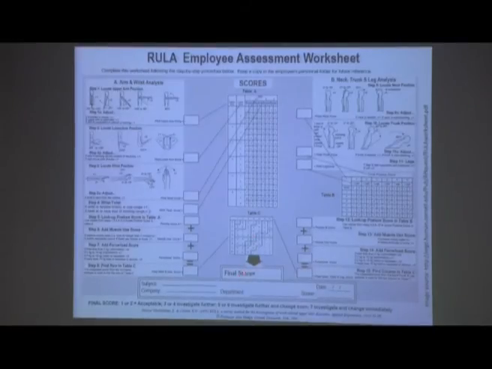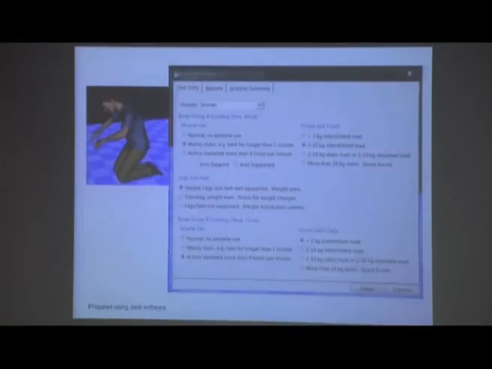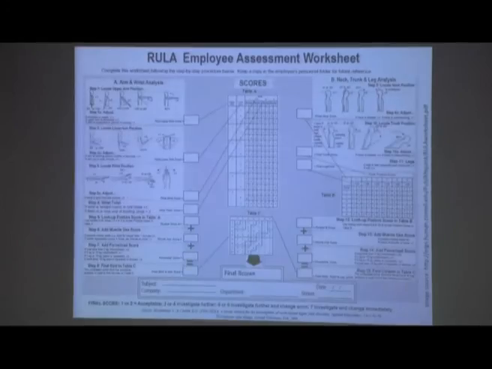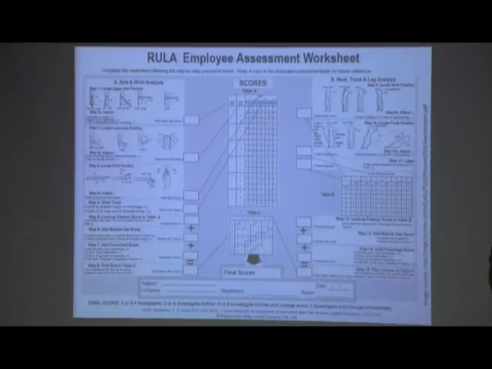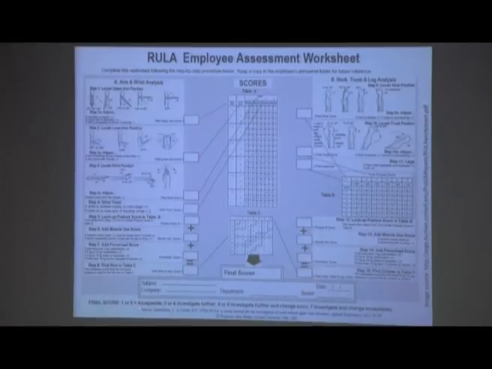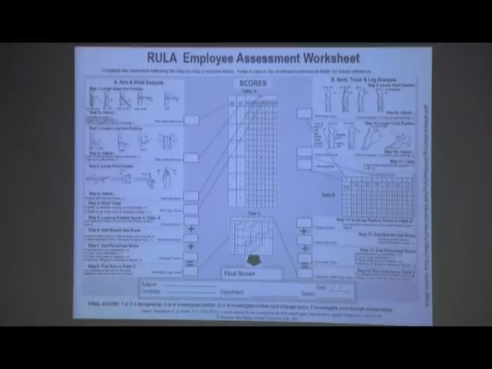And for that final grand score, there are different action categories. Based on those action categories, we have to decide. As we mentioned, there are a total of 1 to 7 action categories. If we find that our final grand score is 5, then as per that we go for the recommendation. If the final score is 1 or 2, then it is acceptable.